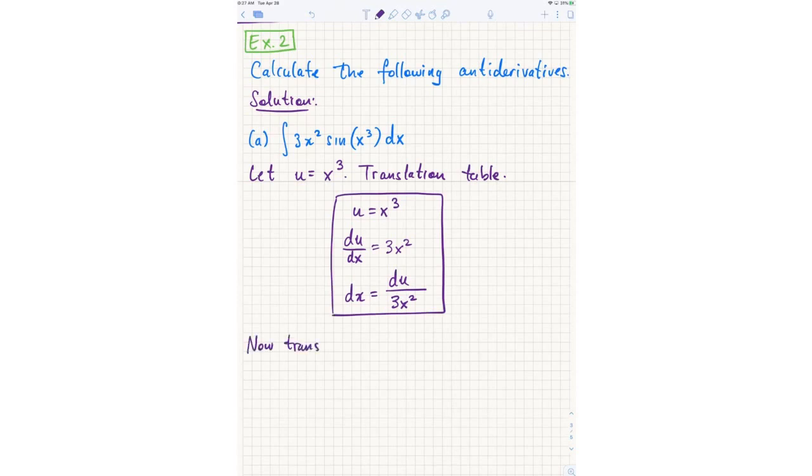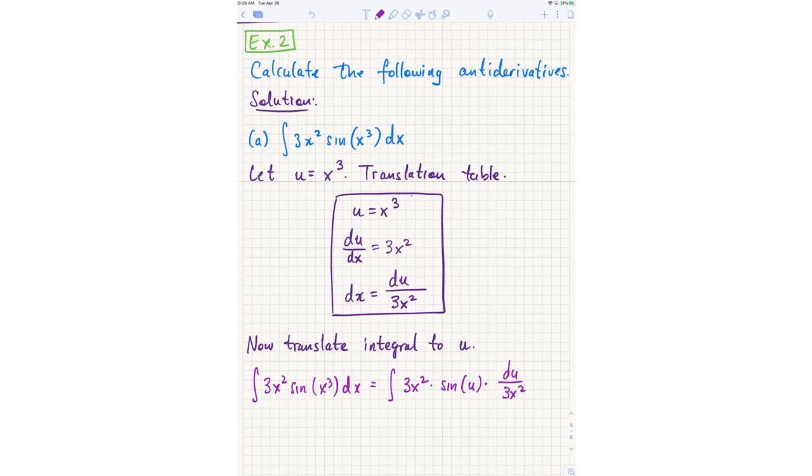Now we translate the integral. As usual, the 3x squared, I'm not really sure what to do with yet. The sine of x cubed is just sine of u, and the dx is du over 3x squared.